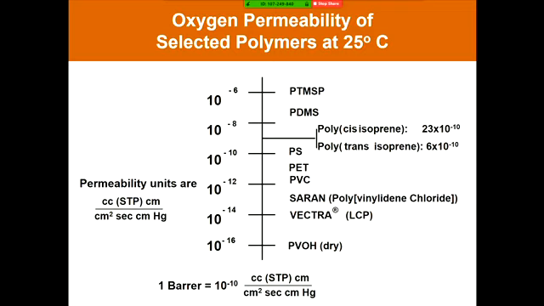And it is given in units of flux, so this is cc's of gas per square centimeter per second. That's essentially moles of gas per square centimeter per second. Flux times thickness divided by pressure difference. And these particular units put the permeability of many gases in a range that's common.